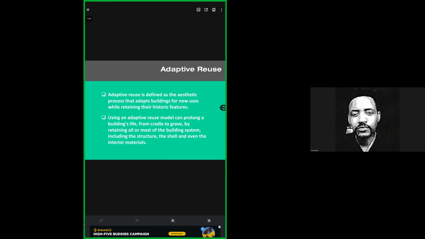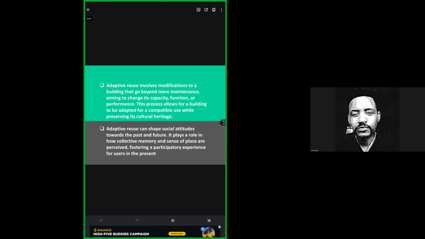Adaptive reuse involves modification to the building that goes beyond mere maintenance, aiming to change its capacity, its function, and its performance. This process allows the building to be adapted for compatible use while preserving its cultural heritage.